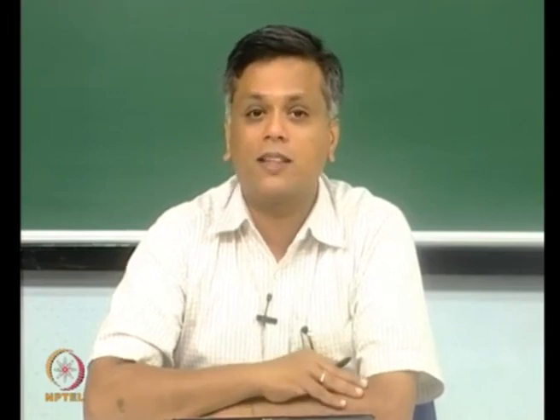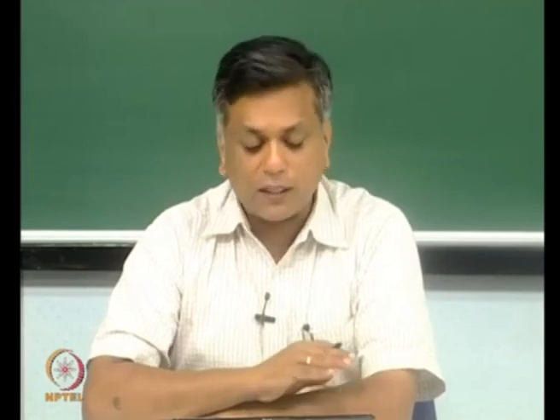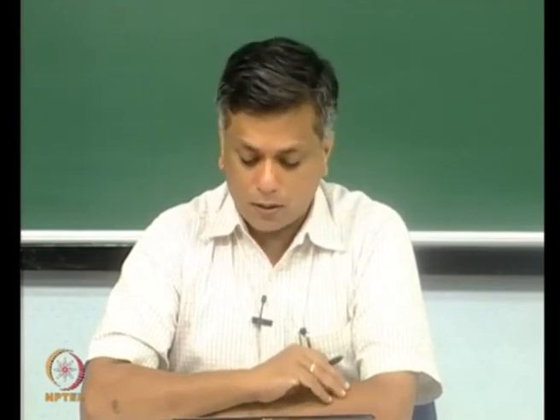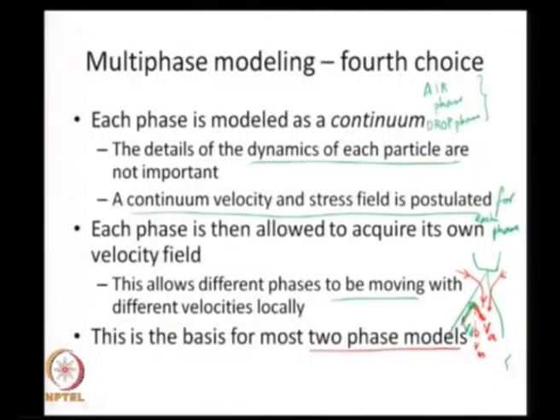If I have 4 choices for modeling, we want to see without doing all 4 models which one is appropriate, and we will see that modeling choice calculation a little later. But for now this allows each of the two phases to be moving with a different velocity. This is what is often called a two phase model, also called the Eulerian approach.